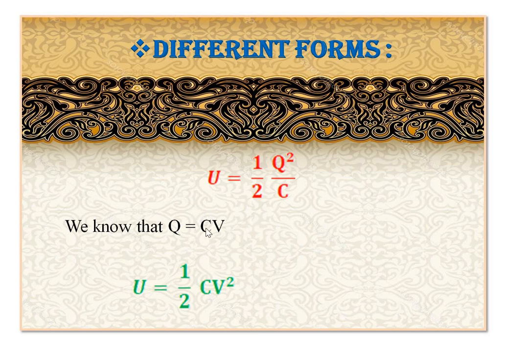Again, C equals Q divided by V. Putting this value of C in this equation, we get another form: U equals 1/2 times Q times V. So the different forms of the energy are U equals 1/2 Q square by C, 1/2 C V square, and 1/2 Q V.